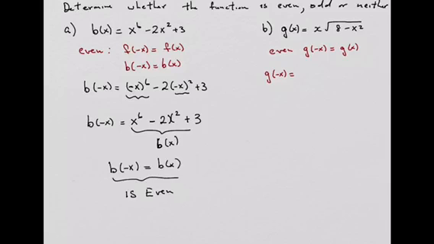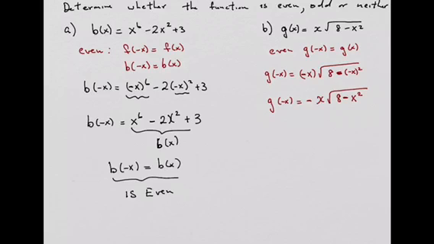Well, g of minus x is minus x times the square root of 8 minus minus x squared. Be very careful: if you square a negative, you still get a positive.